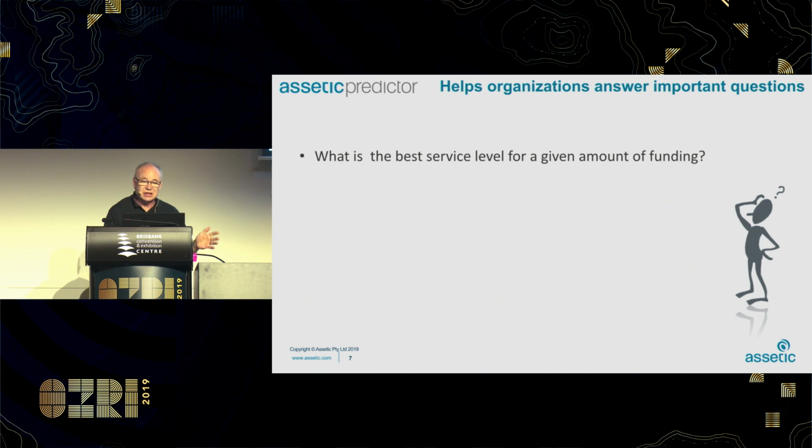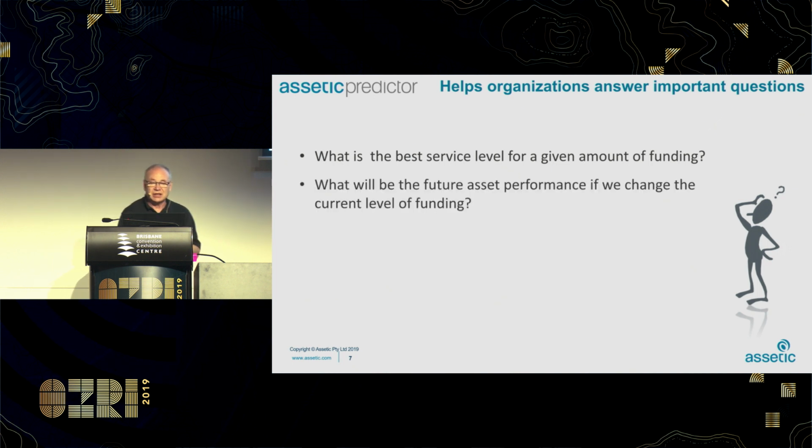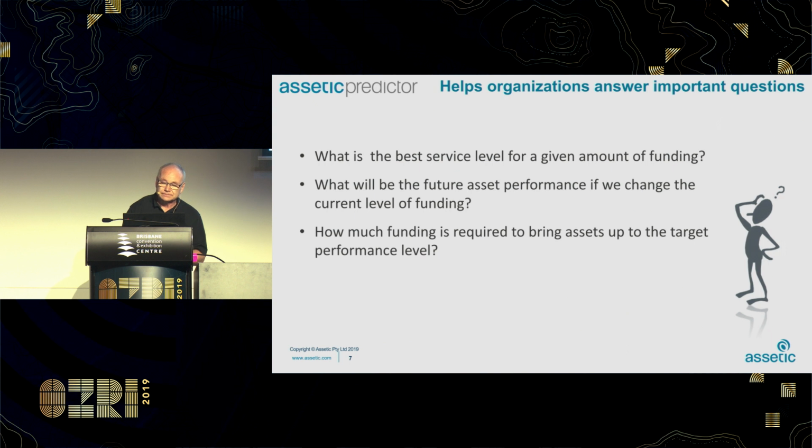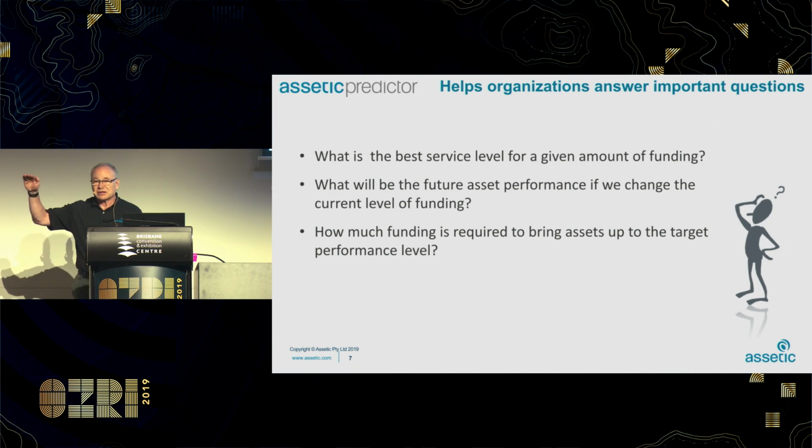Another question we might ask is, what will be the future asset performance if we change the current level of funding? If we add funding or reduce funding, how is that going to affect the future state of our infrastructure? Another one that I particularly like is, we may have a target service level that we're trying to achieve, and we're not there at this point in time.